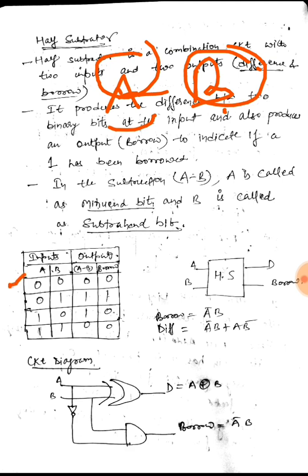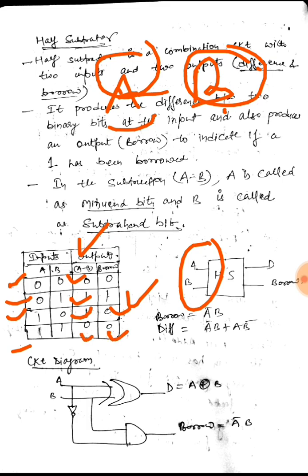So I have made the truth table in which 4 combinations are possible for 2 inputs, and the difference bit, that is this one: if I subtract 0 from 0 it would be 0. If I subtract 1 from 0 it would be 1 with borrow 1. If I subtract 0 from 1 it would be 1 with borrow 0, and if 1 is subtracted from 1 there would be 0 and no borrow.